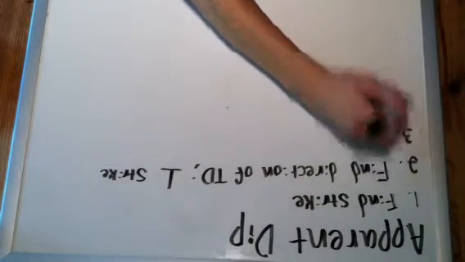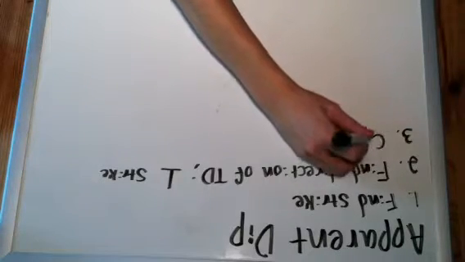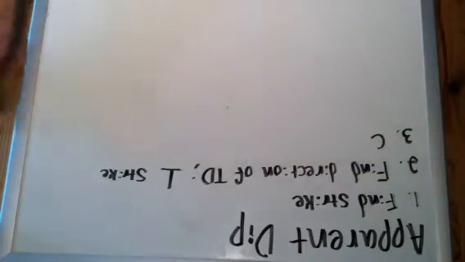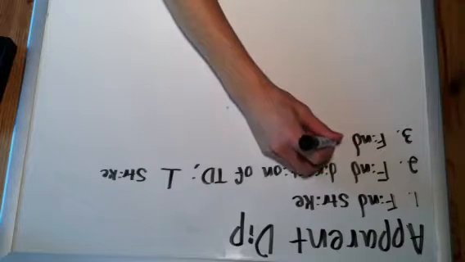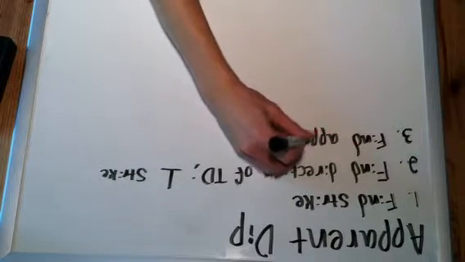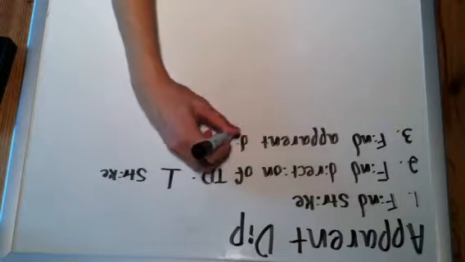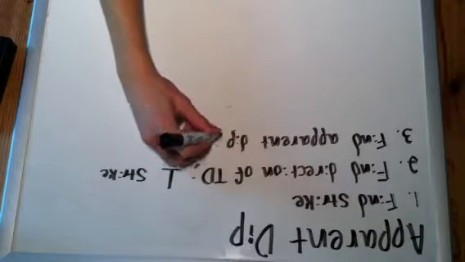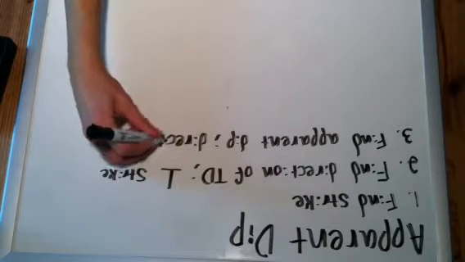And then third, you're going to not so much calculate, but rather just find your apparent dip, both direction and angle, because you will be using the angle later on.